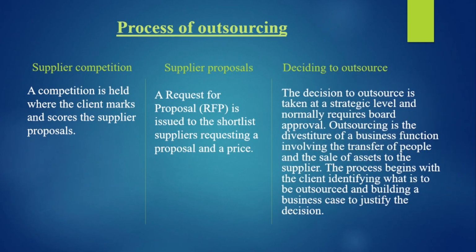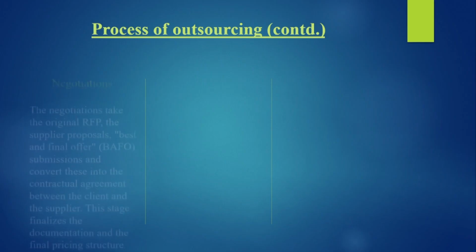The decision to outsource is taken at a strategic level and normally requires board approval. Outsourcing is the divestiture of a business function involving the transfer of people and the sale of assets to the supplier. The process begins with the client identifying what is to be outsourced and building a business case to justify the decision.